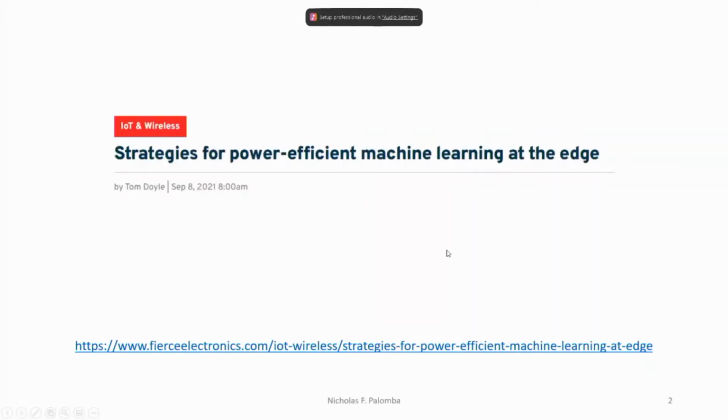So, the news article that inspired me to have this talk is entitled Strategies for Power Efficient Machine Learning at the Edge, dated September 8th, 2021. This article raises the concern for challenges associated with energy and power management in digital signal processing applications on edge devices.